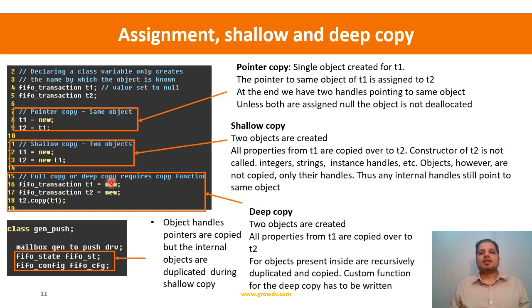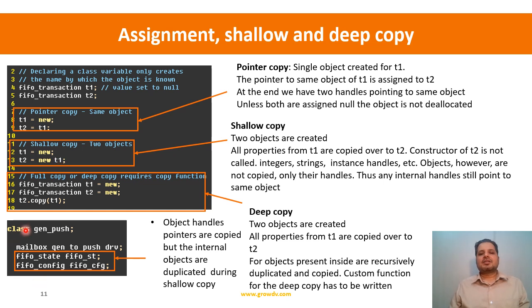Instead, all the variables that are present within this particular class, which could be integers, strings, instance handles, everything just gets copied over from T1 to T2. So when you do the shallow copy, there are actually two objects getting created, and the contents of the second object are copied from the contents of the first object.